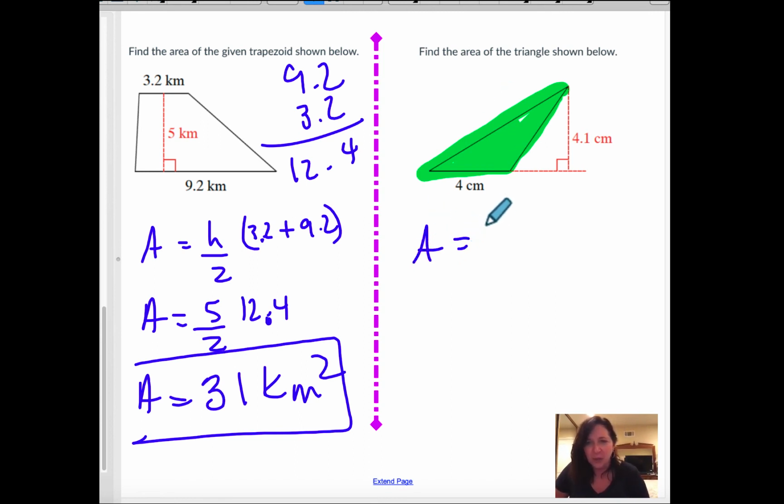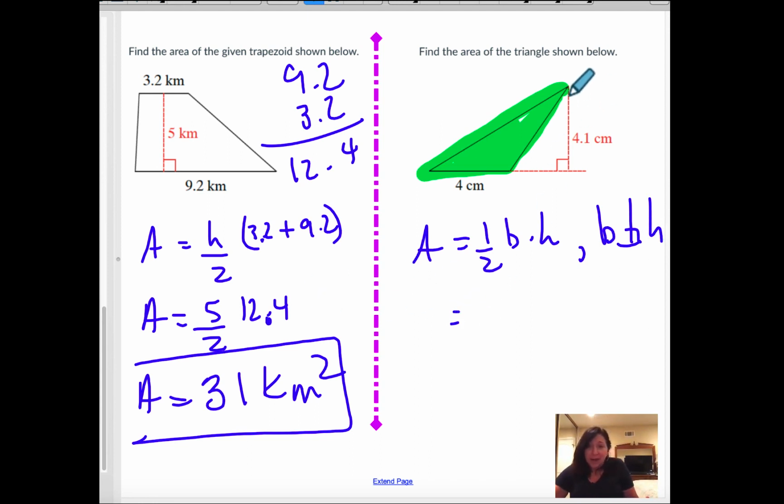So area is equal to 1/2 the base times the height, where the base is perpendicular to the height. Period. This height right here is the height of my triangle. It's just moved outside, but it is actually the height of my triangle. Even though my height is not inside my triangle, that is okay.